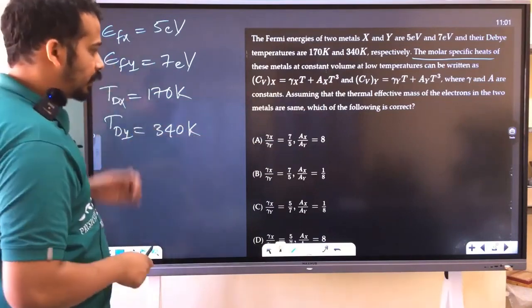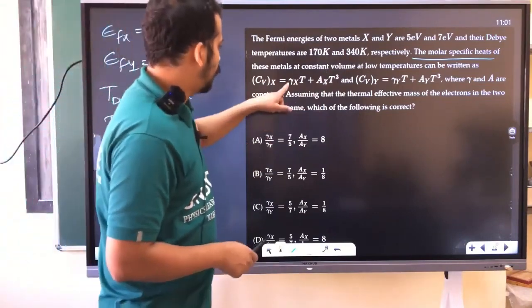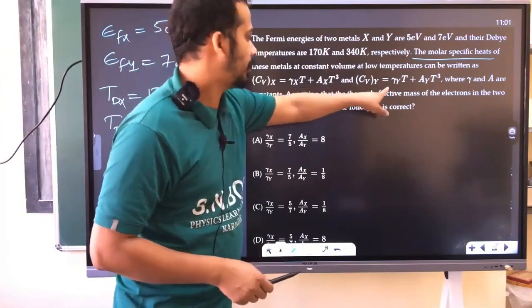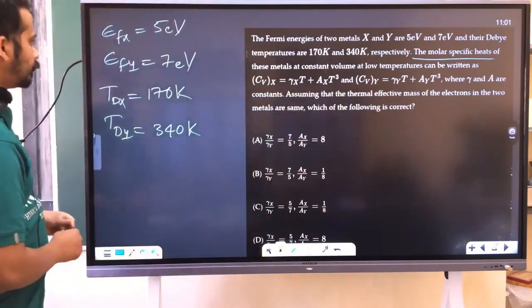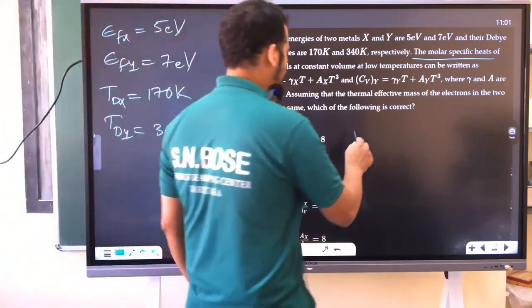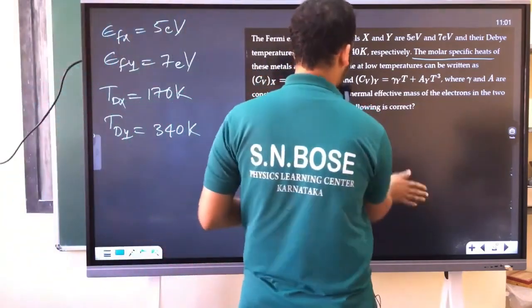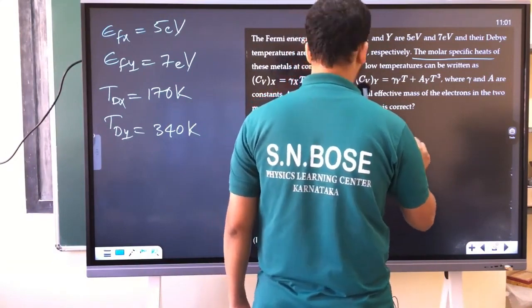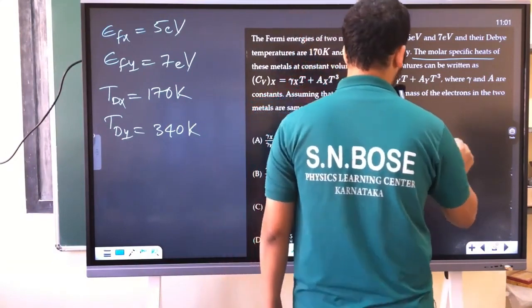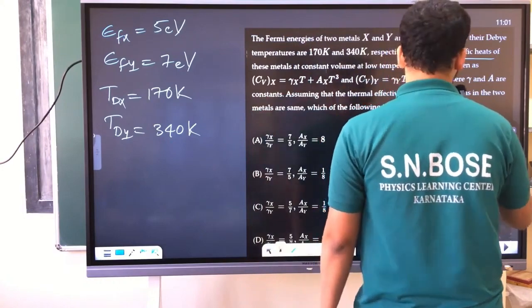Which of the following is correct? He is taking gamma x divided by gamma y and ax divided by ay. So again, if you write molar specific heat like this, that equals gamma T plus A T cube.